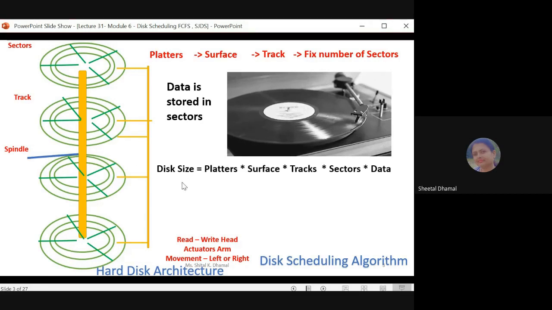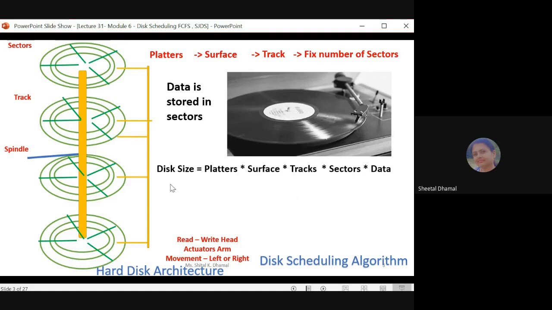See, a disk is initially a collection of multiple platters. Each platter has an upper surface and a lower surface. On each surface there are a number of tracks, the tracks are divided into a number of sectors, and on each sector the data is saved.